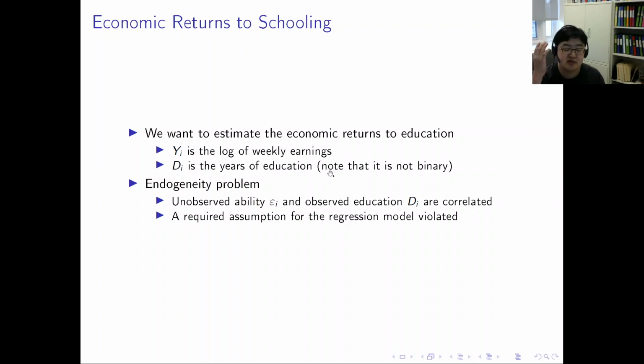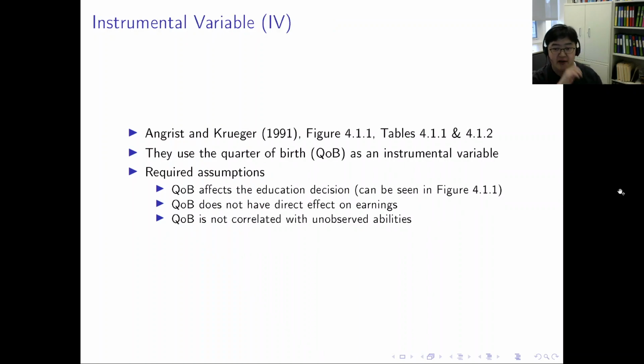If you are smart, then you are more likely to get additional education, but at the same time, you are going to make more money just because you are smart, not because of your education. So this is the typical, leading example of endogeneity in any economics course. Clearly the required assumption is violated, so we need an instrumental variable.